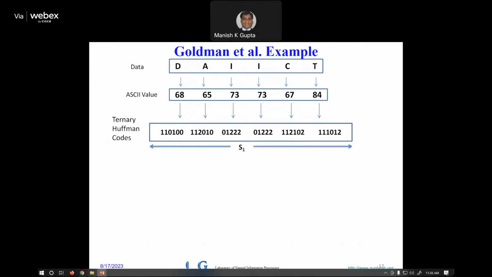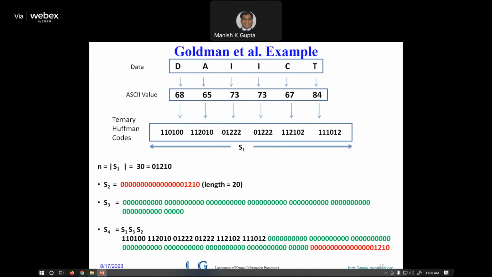So here's an example. Take DICT. These are the ASCII values. Now this time, these are the ternary Huffman codes: ASCII values are converted into ternary Huffman codes. And the length is encoded in ternary. So something like this, you see S2, S3, and S4 are formed.